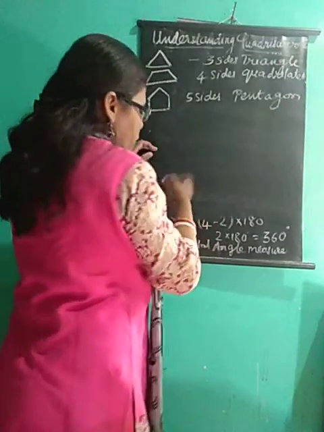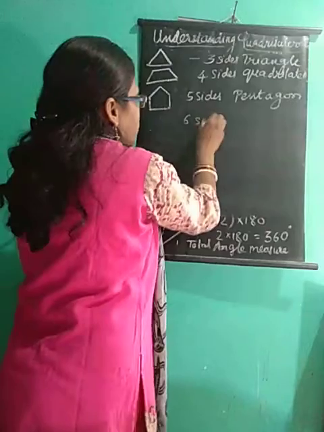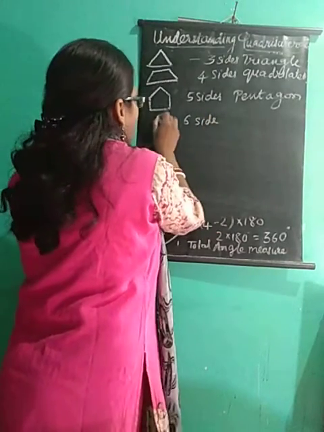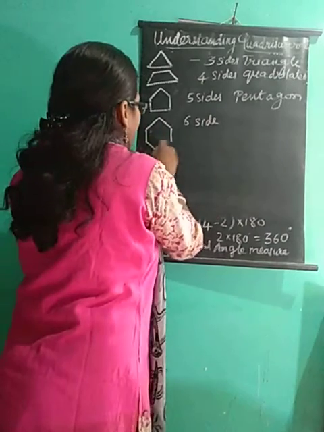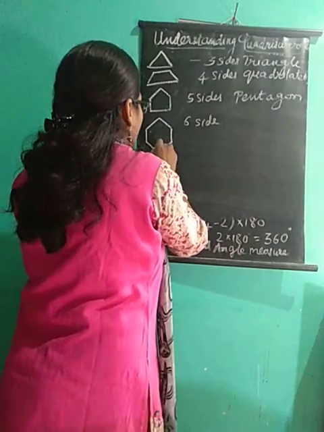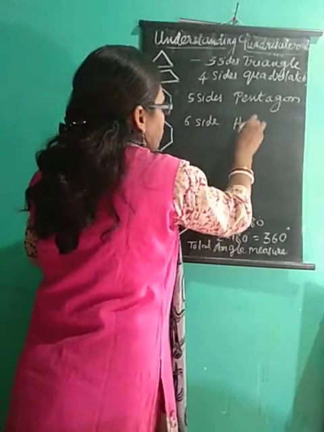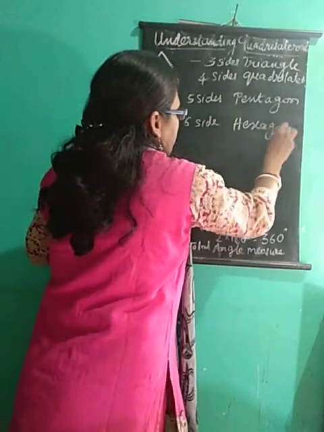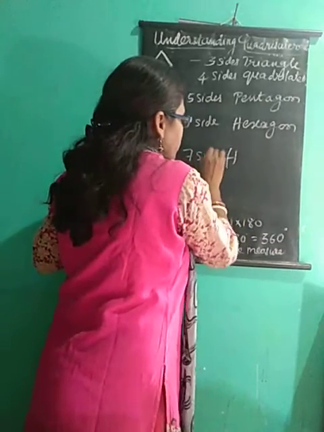6 sides. Similarly, in the previous case I had drawn the figure of 6 sides. It is a hexagon. See 1, 2, 3, 4, 5, 6. 6 sides, hexagon. Similarly, you can extend one more side. It is called 7 sides, a heptagon.